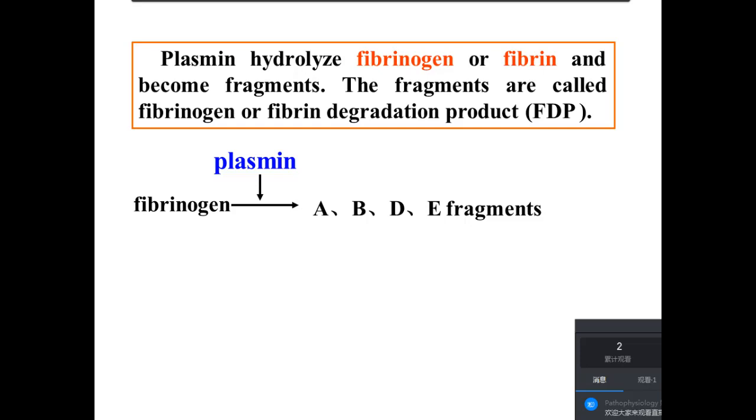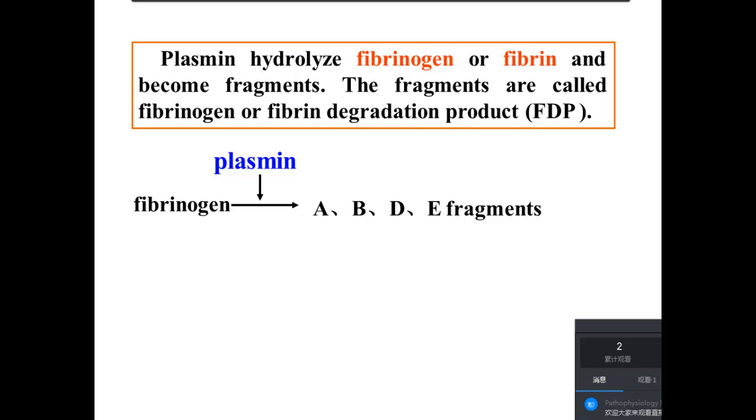Now, it is the first pathway. During this pathway, is the coagulation system activated or not? No coagulation system is activated. Now, if the coagulation system is activated, plasminogen forms plasmin. Understand?